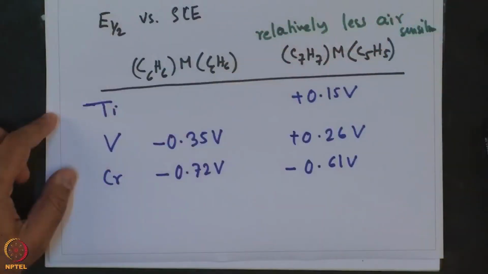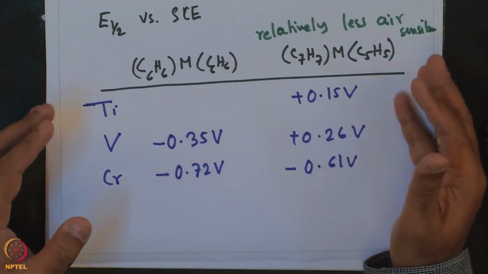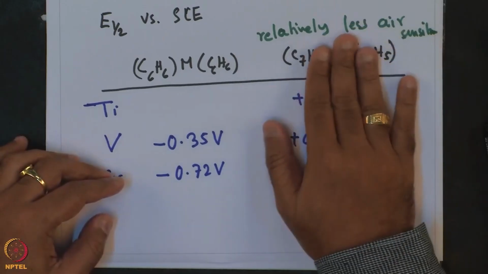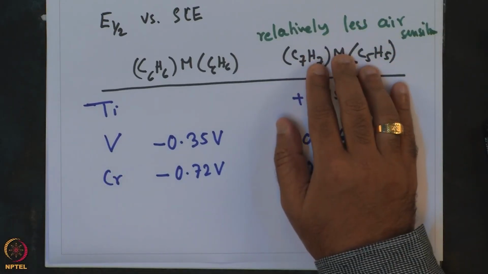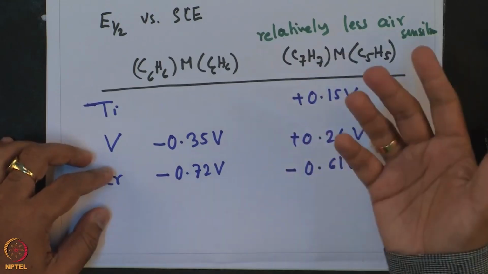What all of this translates to is that these compounds are relatively less air sensitive. Now, because these C7H7 M C5H5 complexes are less air sensitive, their radical cations and anions can also be studied or observed.